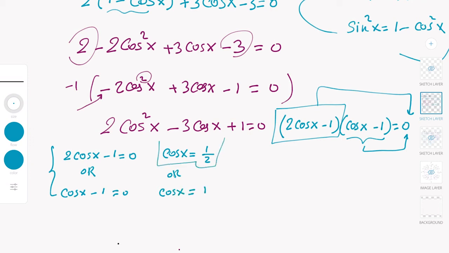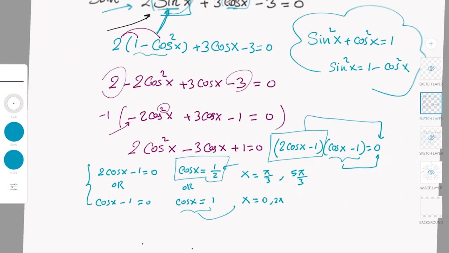So you look at the unit circle, you will find x equal to pi over 3 and 5 pi over 3, where cosine is 1/2, and cosine of x equal to 1 at x equal to 0 or 2 pi. It depends on the domain.